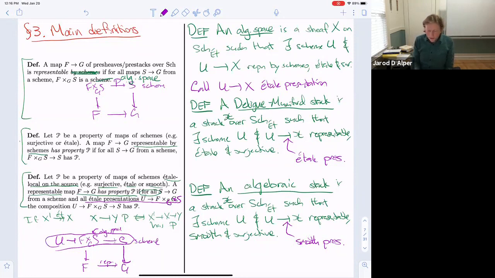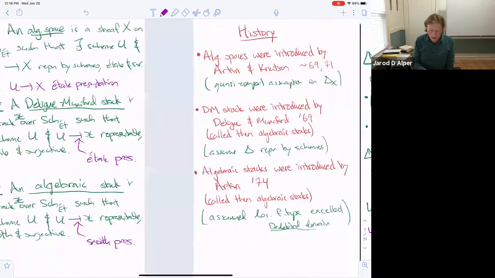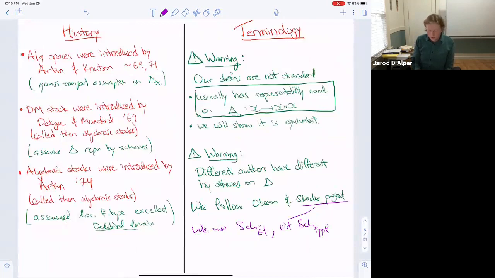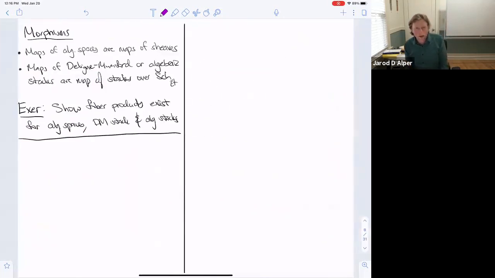So now that we've defined what the geometric objects are, I should tell you what the morphisms are, and that's rather quick. Maps of algebraic spaces are just maps of their underlying sheaves, or really presheaves. Similarly, maps of Deligne-Mumford stacks and algebraic stacks are just maps of stacks, or even prestacks.